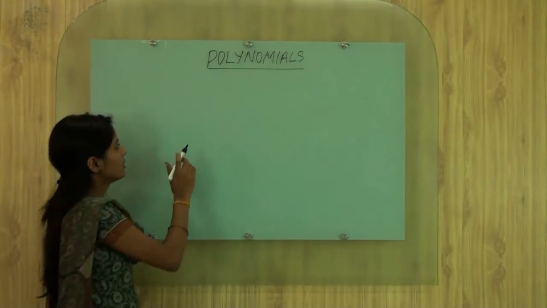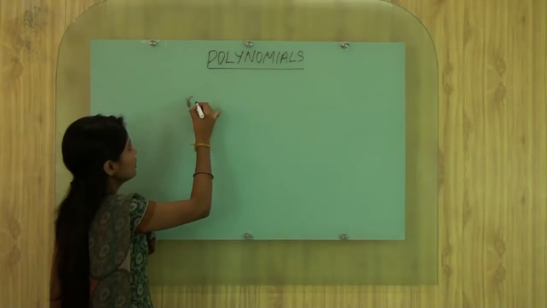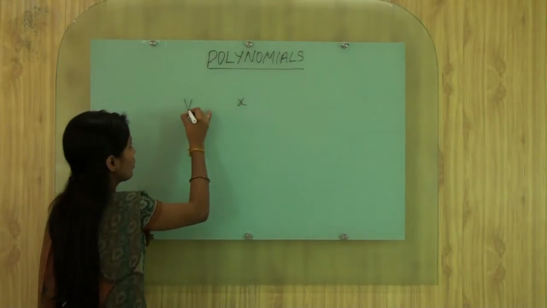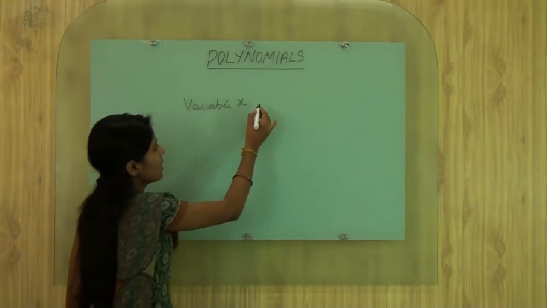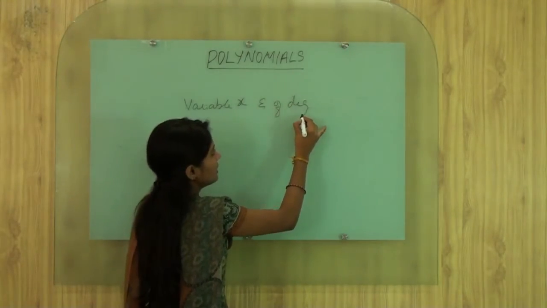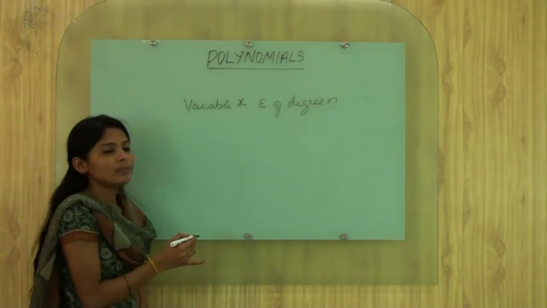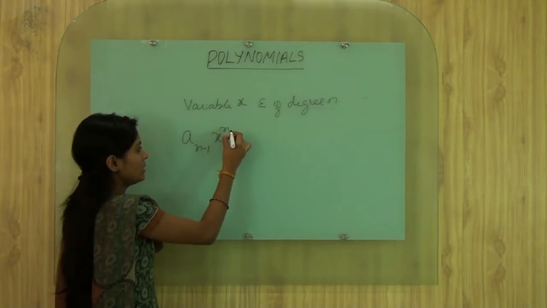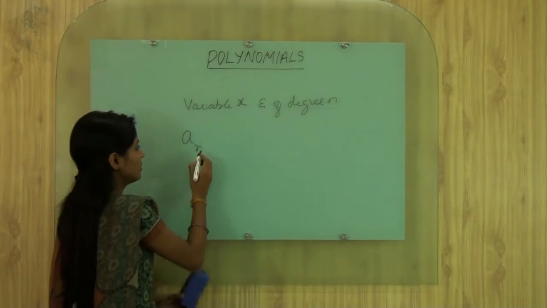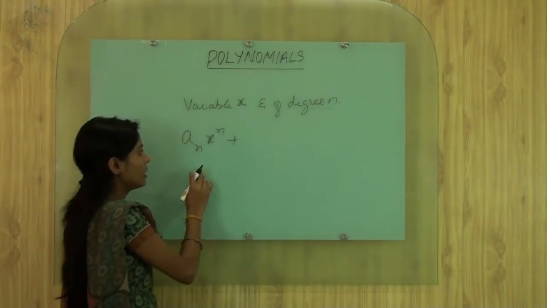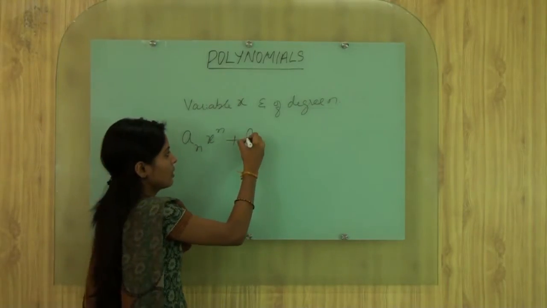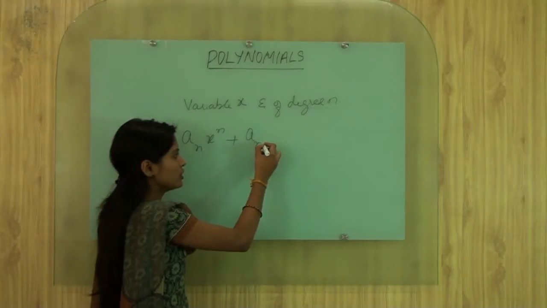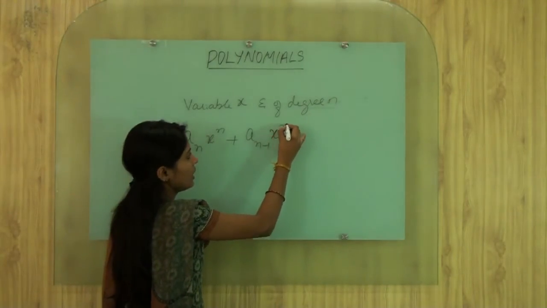If we have a polynomial of variable x and of degree n, then the polynomial can be represented in the form of a power n into x power n, plus, as the degree decreases in the next term, another constant or coefficient, a power n minus 1 x power n minus 1.